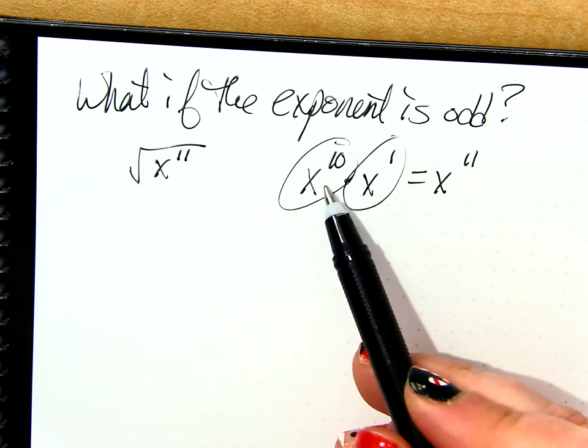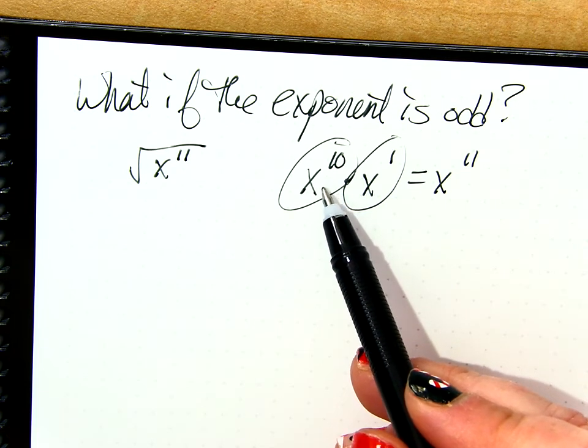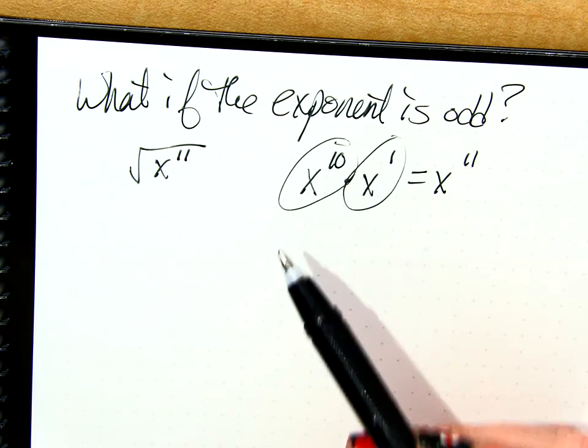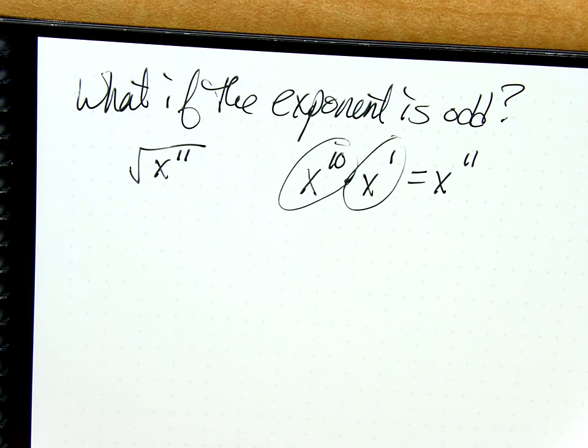Well, isn't this a perfect square? X to the 10th? Yeah. So that's basically what I'm going to do. No, 10's not a perfect square, but x to the 10th is. Any variable raised to an even exponent is a perfect square. But couldn't you do like x to the 6 times x to the 5? So you could, but the problem is that's not the biggest perfect square, right?